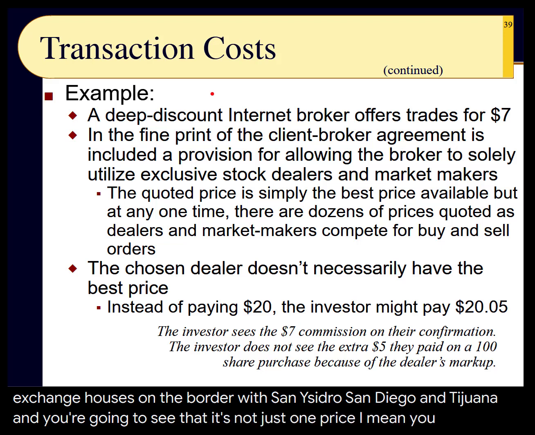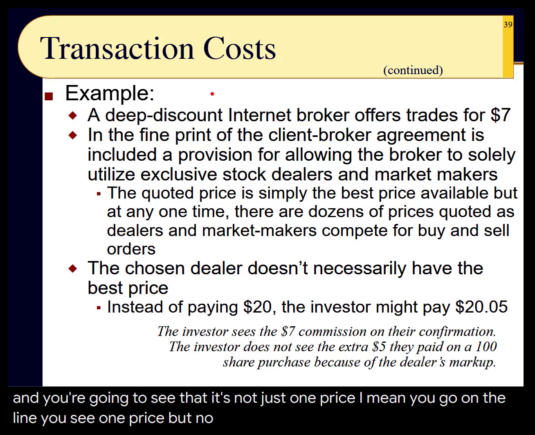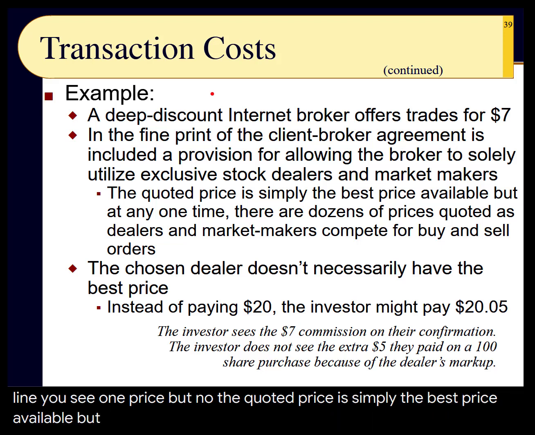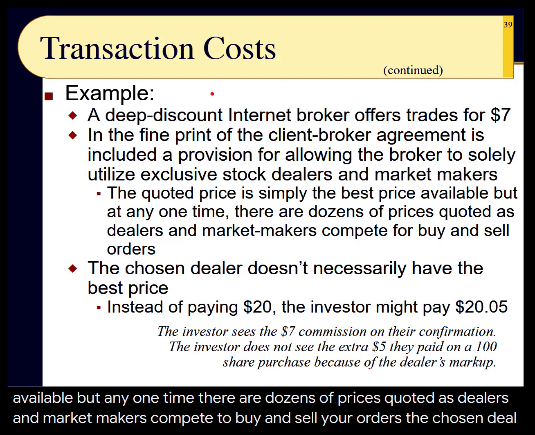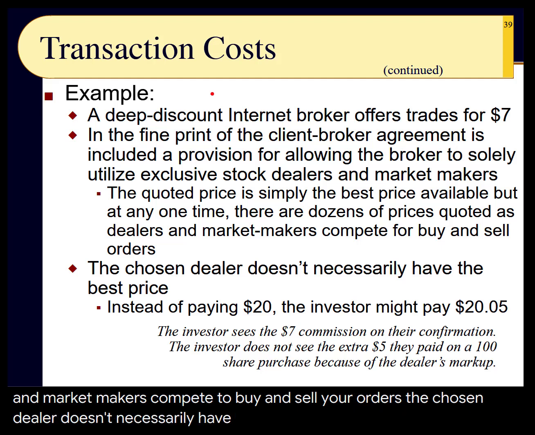I mean, you go online, you see one price, but the quoted price is simply the best price available. But at any one time, there are dozens of prices quoted as dealers and market makers compete to buy and sell your orders. The chosen dealer doesn't necessarily have the best price, right?